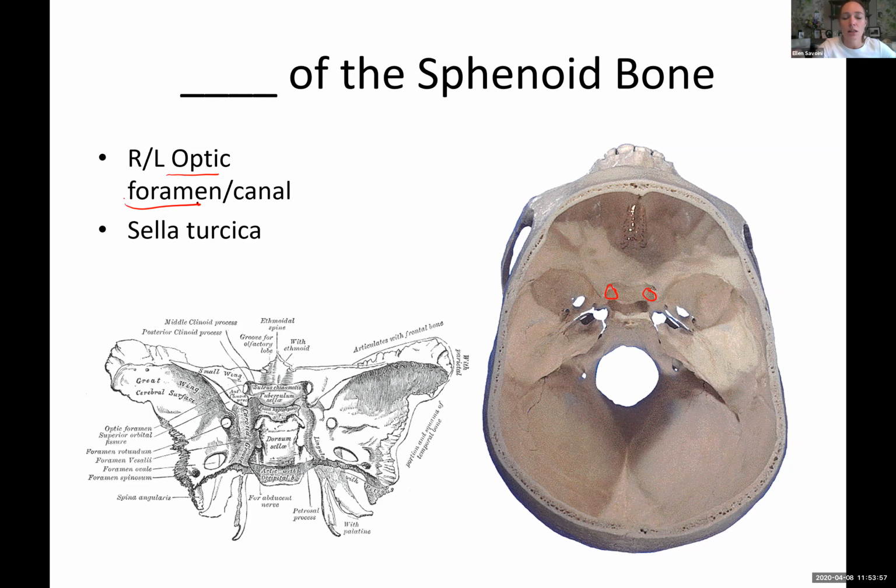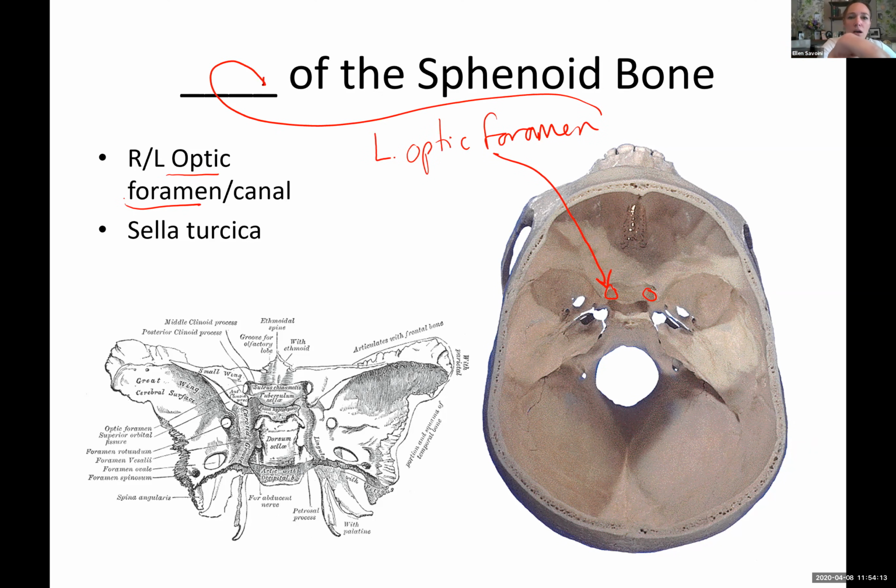Some books call them an optic canal. So this is written really weird on this slide. So if I'm pointing to this one, this would be the left optic foramen of the sphenoid bone.